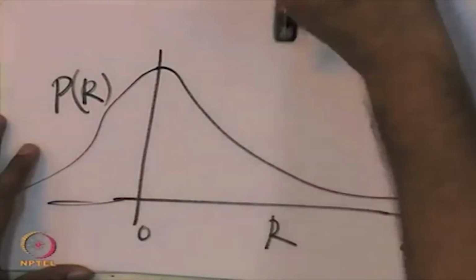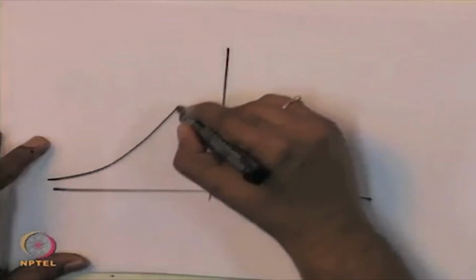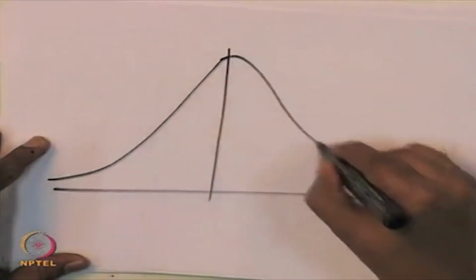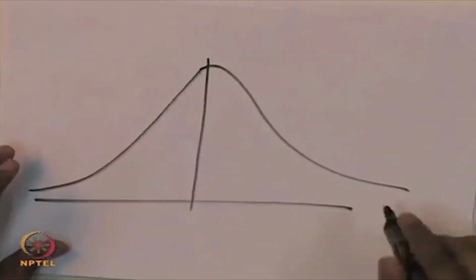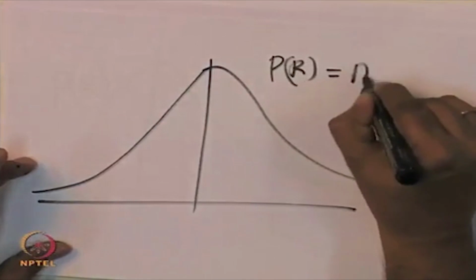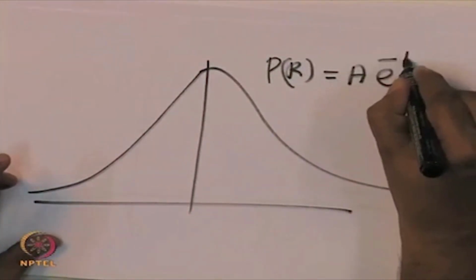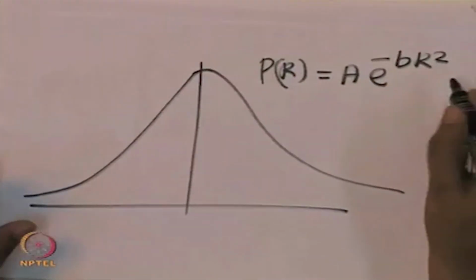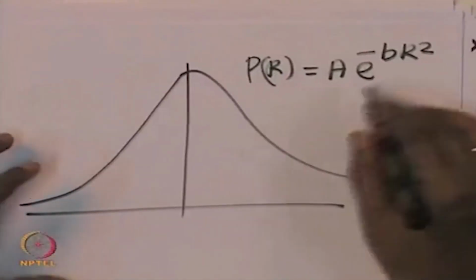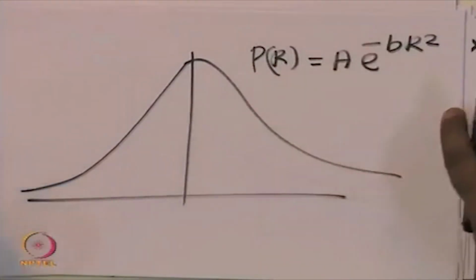If you draw it properly, P of r has a e power minus b r square. So it will have the shape of a Gaussian, and we know the standard deviation and average.